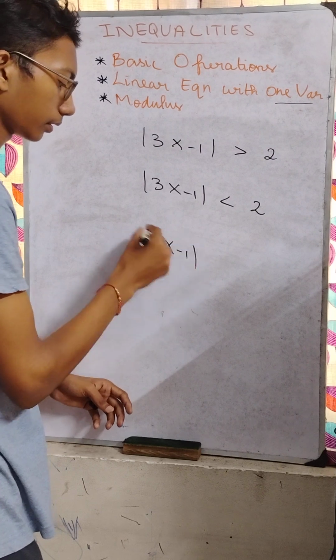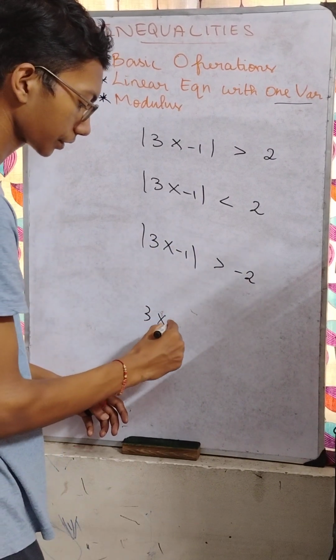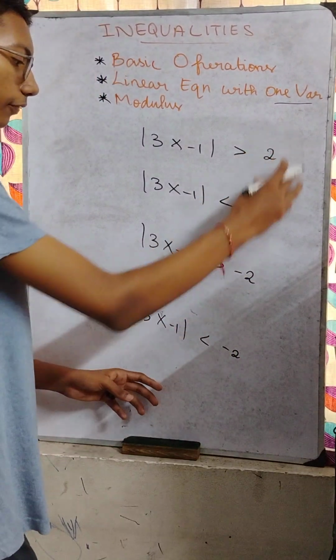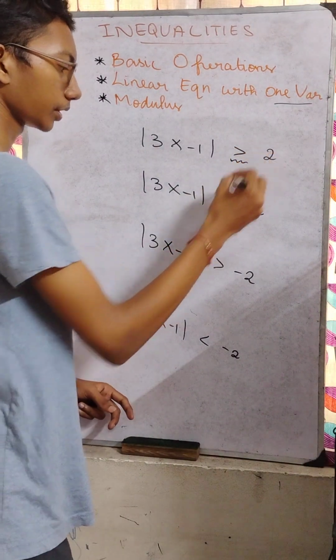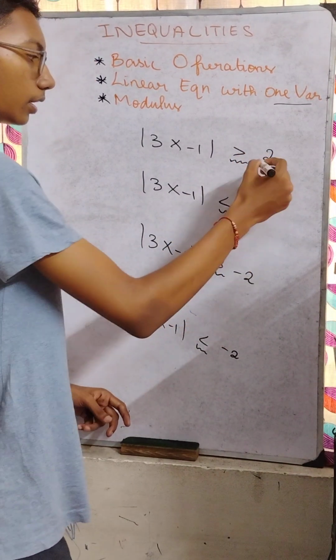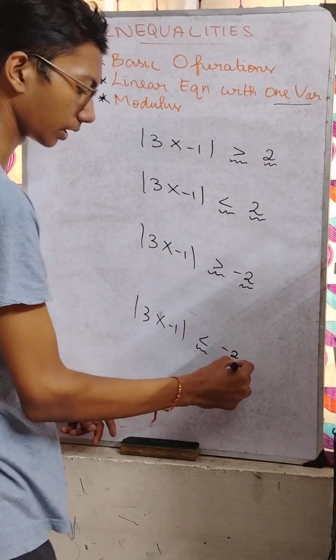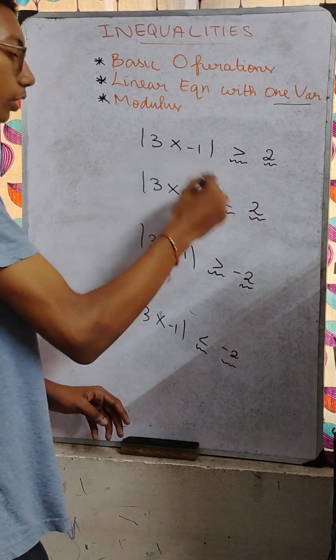Then 3x minus 1 is greater than minus 2. And 3x minus 1 is less than minus 2. So we have 4 equations here. The difference is that here the inequality is greater and here the inequalities are lesser, and we have positive numbers here and negative numbers here. These are the 4 kinds an equation can be with modulus.